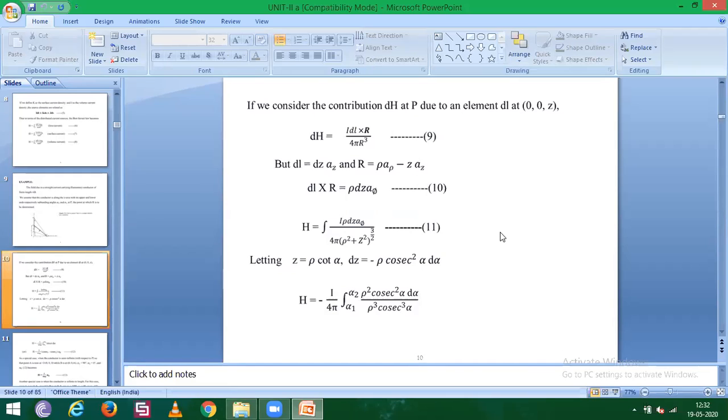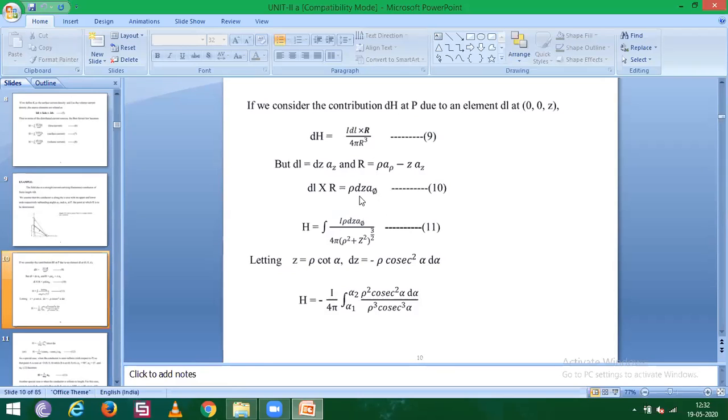Wherever you have a phi component, whether it is the magnitude of phi or the unit vector in the phi direction, we have to put rho. Overall, we also have to put 1 by rho before the determinant. So executing the determinant, we get rho dz a phi.